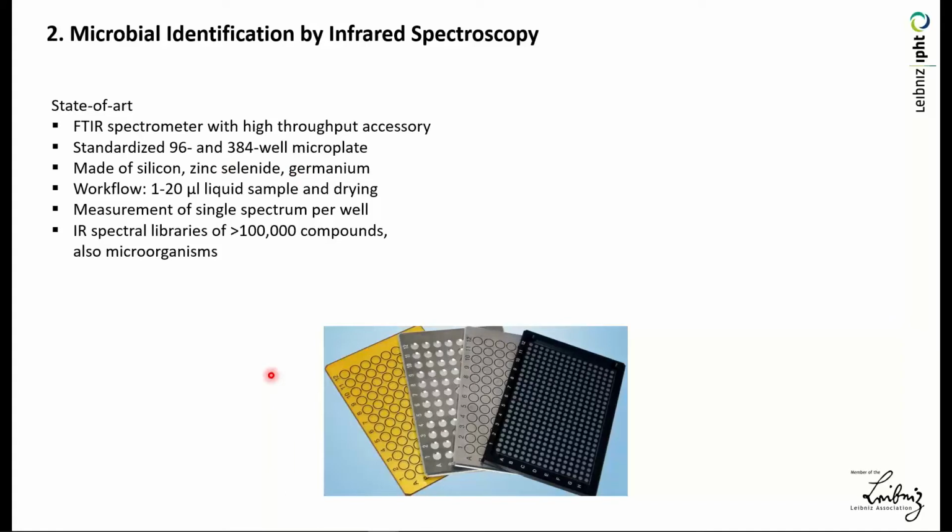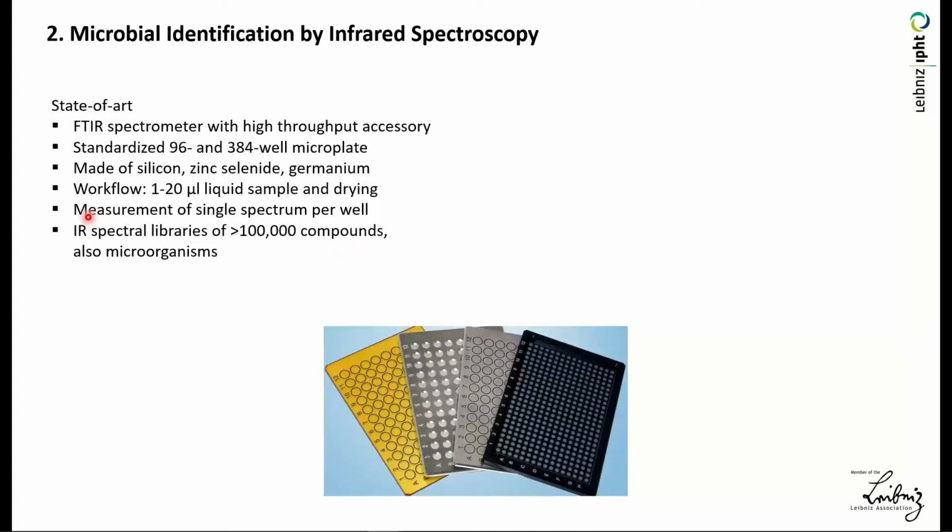The workflow is that a small volume of liquid sample between 1 and 20 microliters is pipetted on the wells, then they are dried, and then a single spectrum is measured per well.